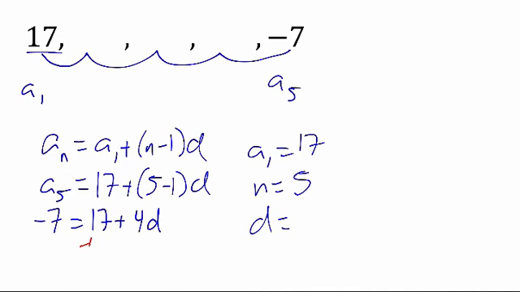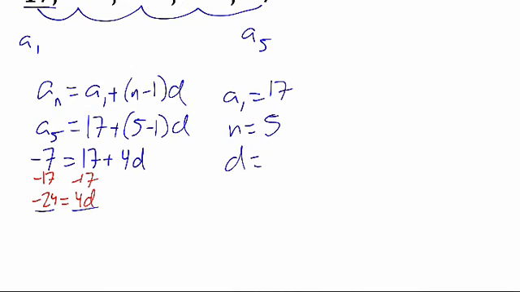Negative 7 minus 17 is negative 24 equals 4d. To keep solving for d, we divide both sides by 4, and we get negative 6 equals d. So that's our d value.